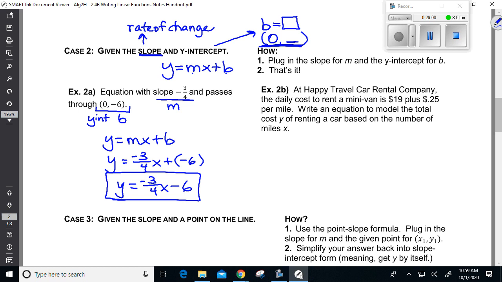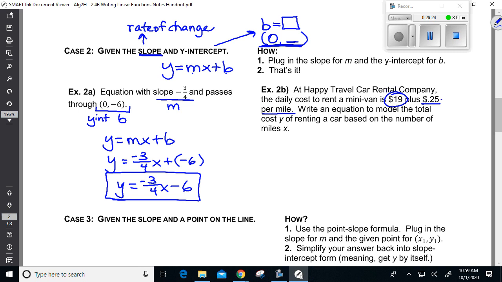So, you walk into the car rental company, you want to rent the car, you have to give them $19, and you're paying 25 cents per mile. So that's going to change based off of the number of miles you drive.